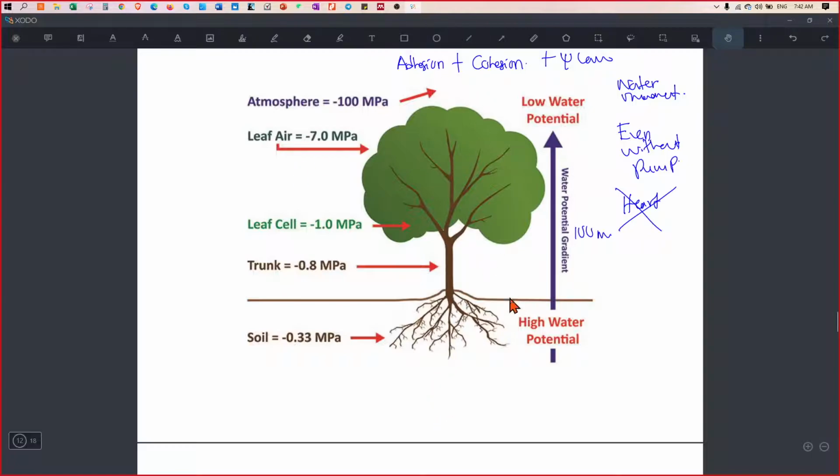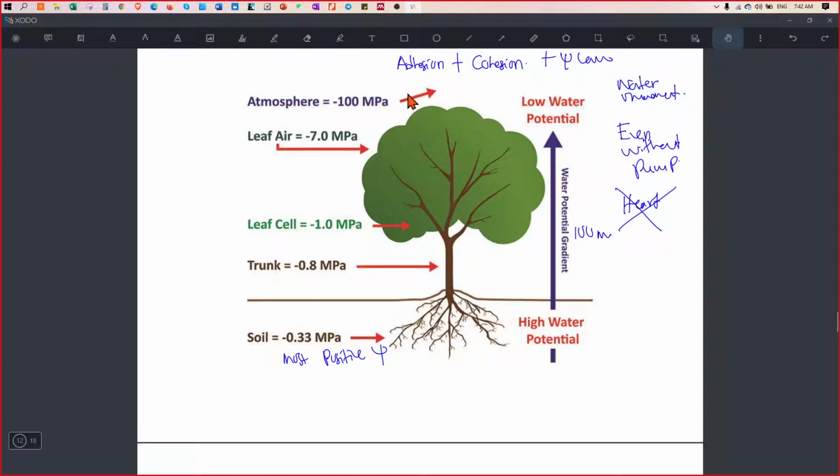And you can see from here, soil will have the most positive water potential, minus 0.33.